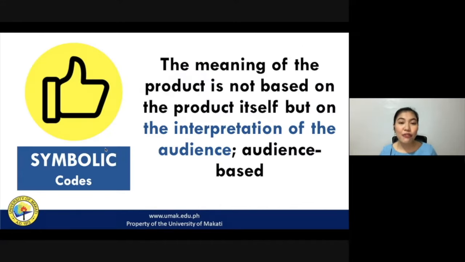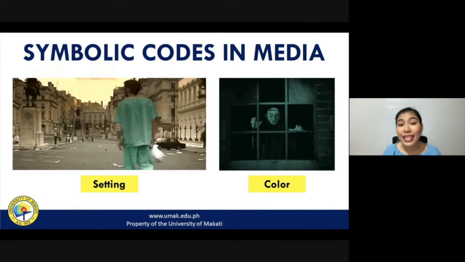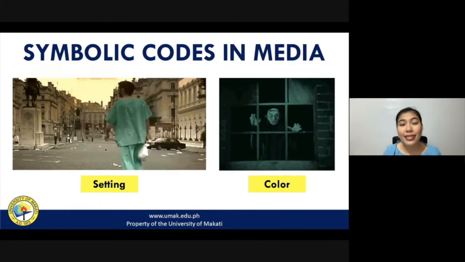The second type of media code is symbolic codes, which basically is the meaning of the product that is not based on the product itself, but rather on the interpretation of the audience. So the meaning behind these codes is based on how the audience will interpret them. Some symbolic codes in media include the setting, the place and time where the story is happening.